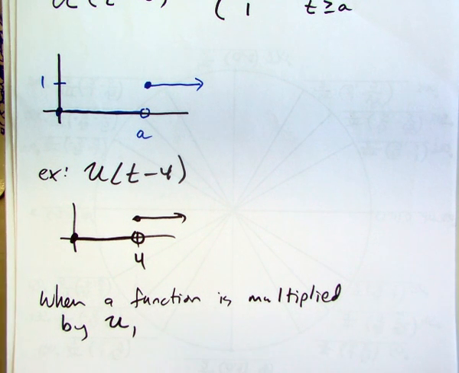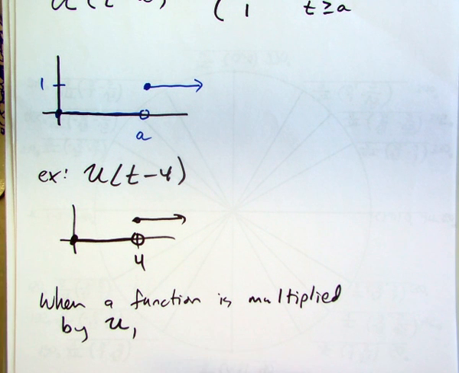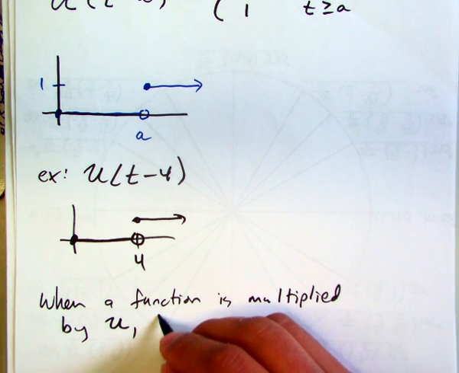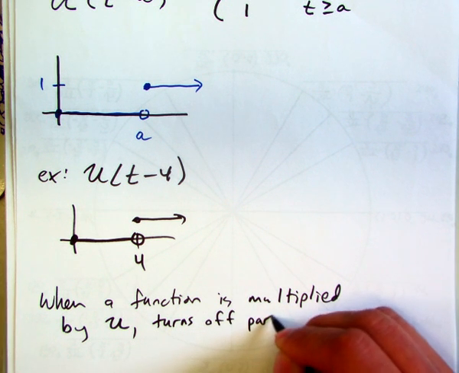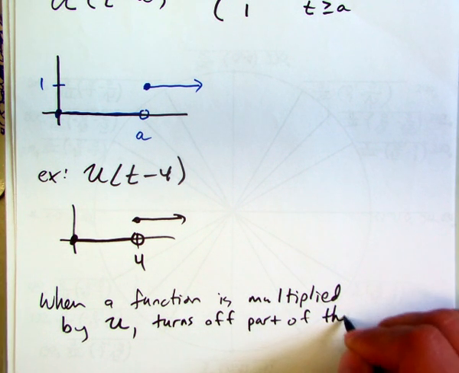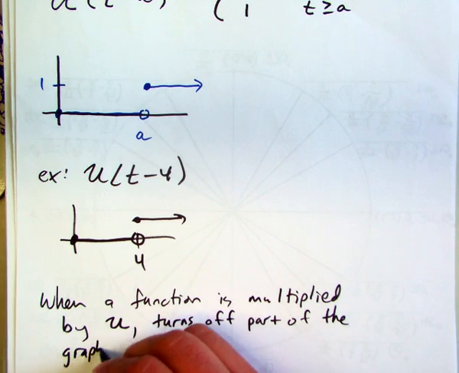We have a function that we're interested in, but maybe we don't want that function until a certain point. So what it does is it keeps it off until we want it to come back on. So it turns off part of the graph. And this should be a pretty intuitive thing.